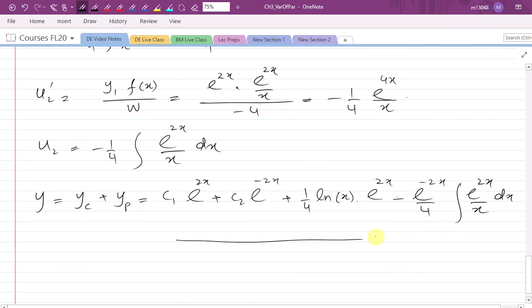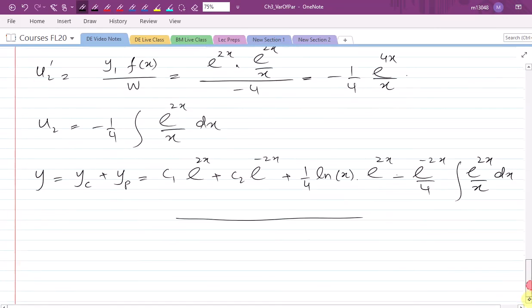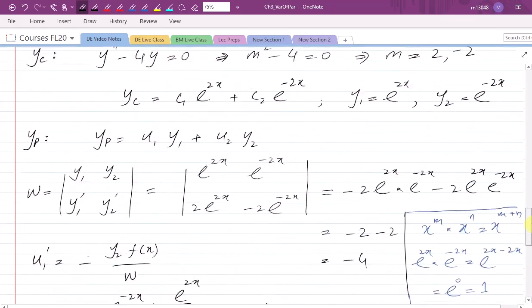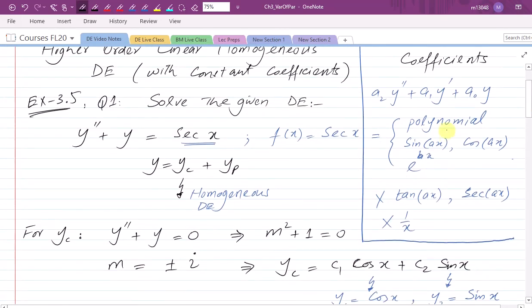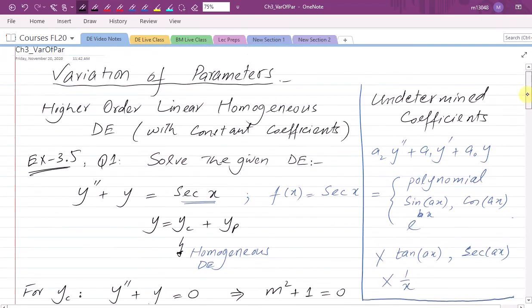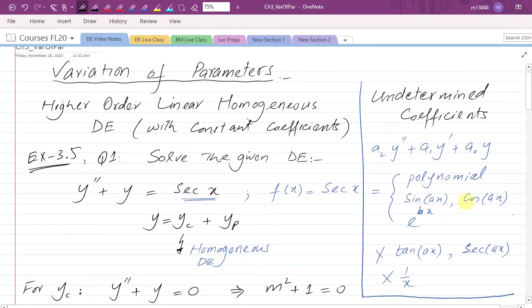You can ask a very genuine question here, that how would we know in exam whether the integral is solvable or not? Well, yes, that's a very good question. And the answer is most probably I'll give you integrals which are solvable. I just showed you the example to tell you, as I said in the start here, that undetermined coefficients can only solve polynomial, sine, cos, and e power.